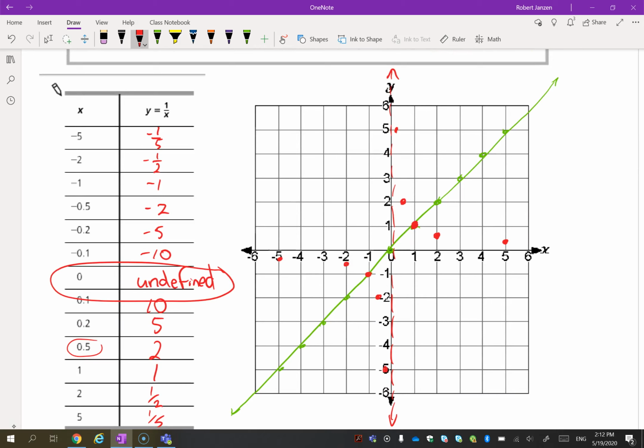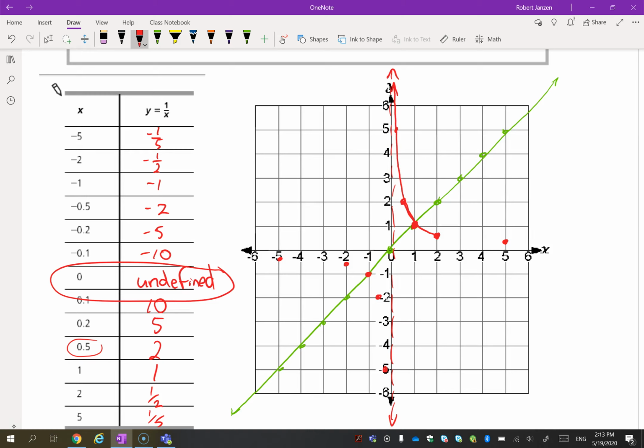When x was 1/2, the reciprocal was 2. The reciprocal of 1/5 was 5. The reciprocal of 1/10 was 10. The smaller x is, the bigger the reciprocal is. So you have values getting bigger and bigger as they approach the asymptote, never crossing the asymptote.